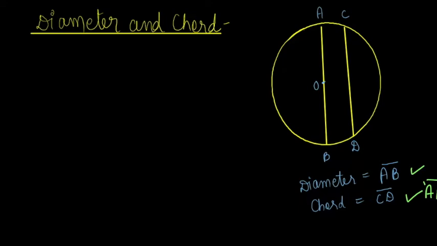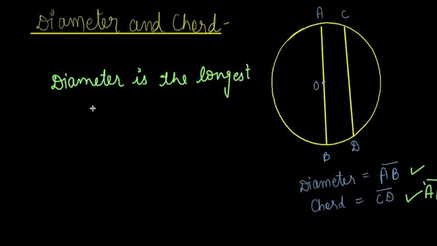In fact, it is the longest chord. We have just explained to you that a diameter is the longest chord of a circle. So the diameter, as you see, is AB here.